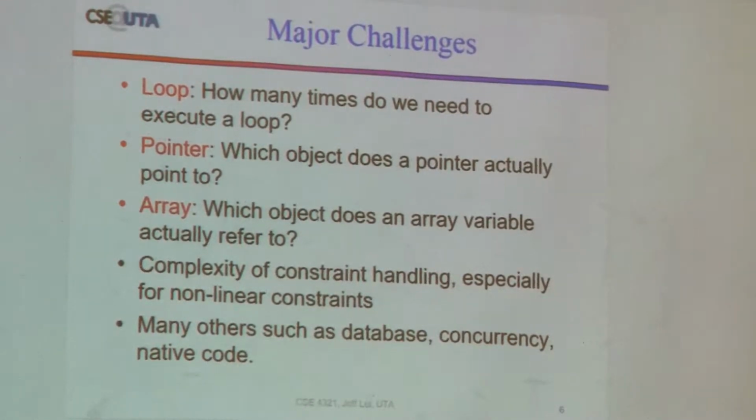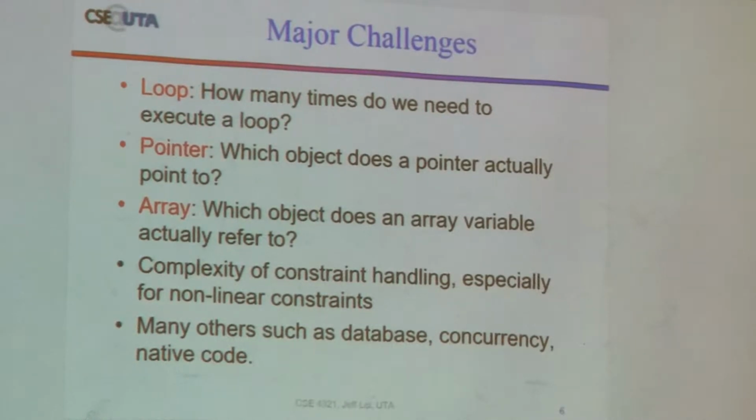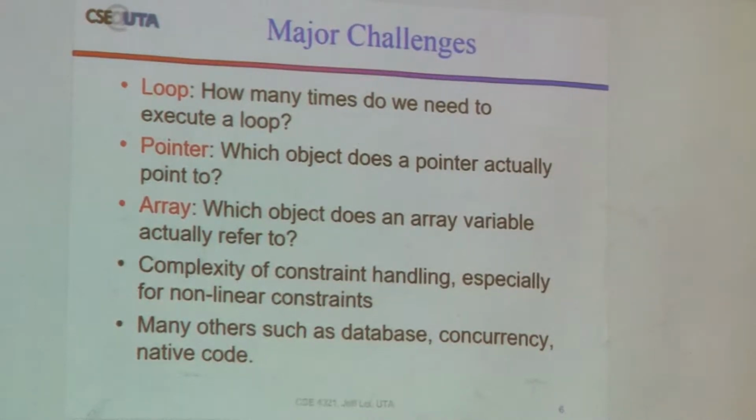So you execute the loop once or twice, the relationship between the internal variables and the external variables will be different. If you don't know how many times the loop is going to be executed, as you can imagine, you will not be able to figure out the exact relationship between internal variables and external variables.